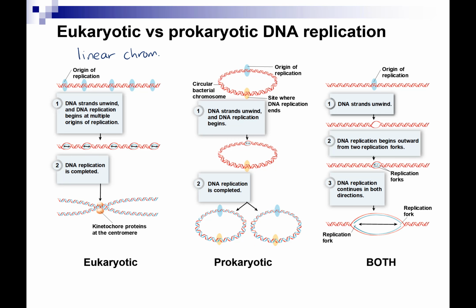That means our chromosomes are in a line. Prokaryotes, your mitochondrial DNA, and if you were a plant, your chloroplast, are circular.